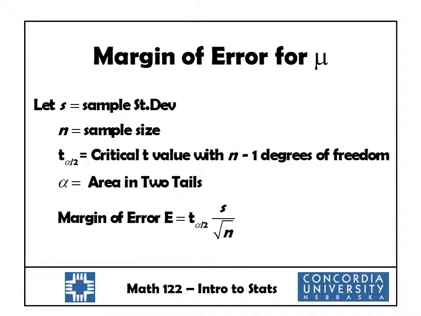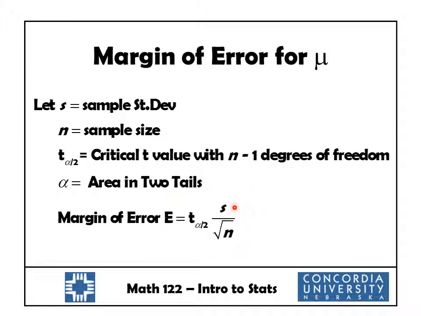Okay. The last topic here is the margin of error for mu, and confidence interval for mu. Same basic idea as the margin of error and confidence interval for P. And so to calculate a margin of error for mu, from our data we need to have a sample standard deviation, a sample size, and then we get a critical t-value. And so here is our formula.